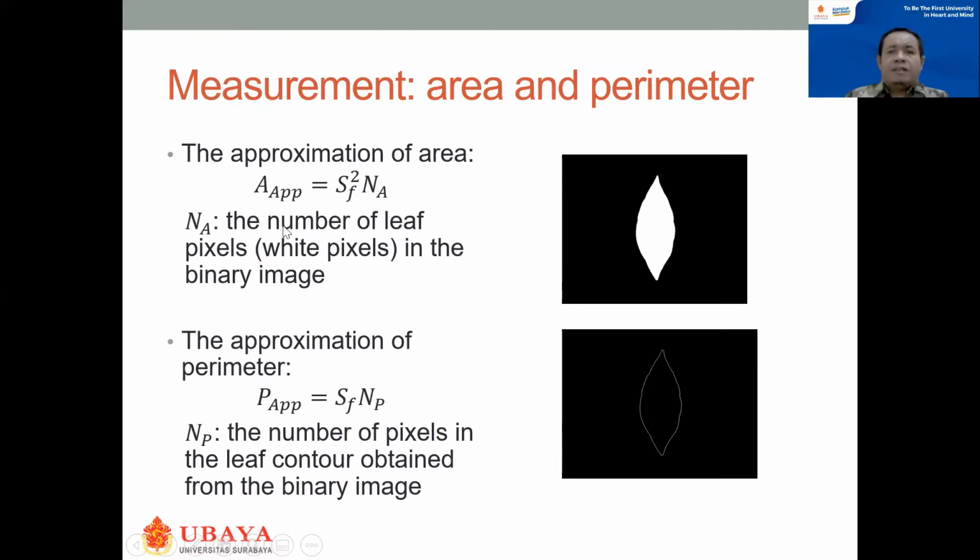And for perimeter, we calculate the number of pixels in the contour of the leaf in the binary image. So we count the number of pixels in this perimeter. We have NP, and then we multiply by the scale factor to obtain the approximation of perimeter.